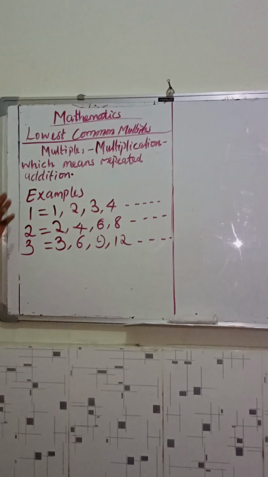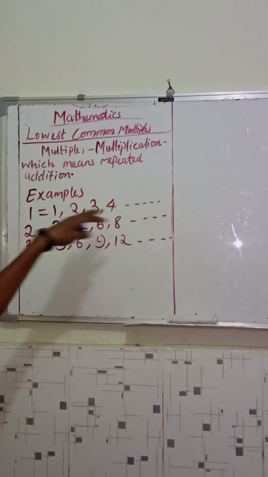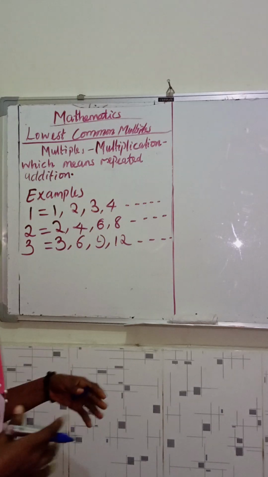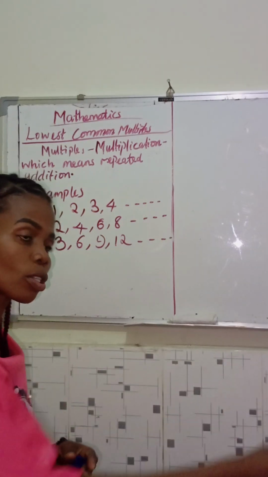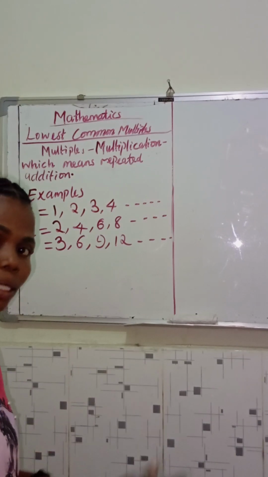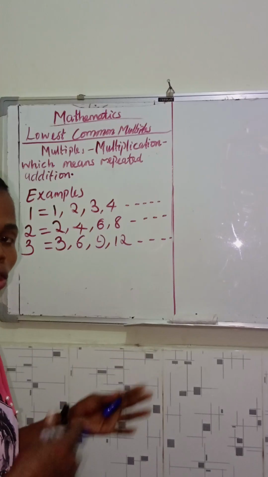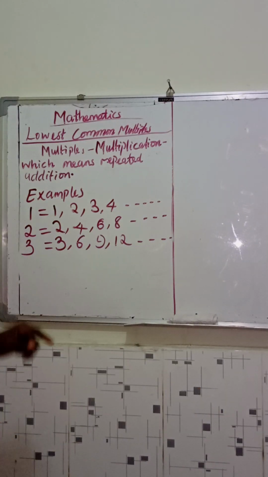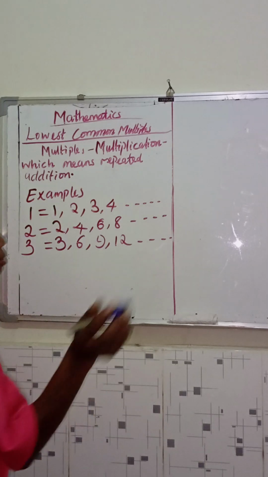The question can say, find the multiples of 3 up to 10 times. So you're going 3, 6, 9, 12, 15, 18, 21, 24, 27, and 30. But this particular one didn't say anything, so we left it like that.